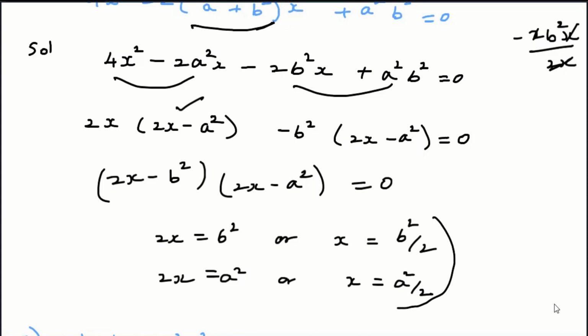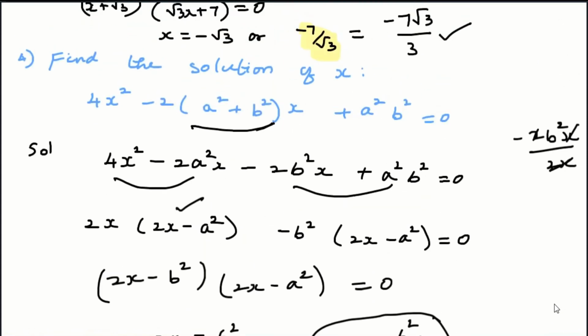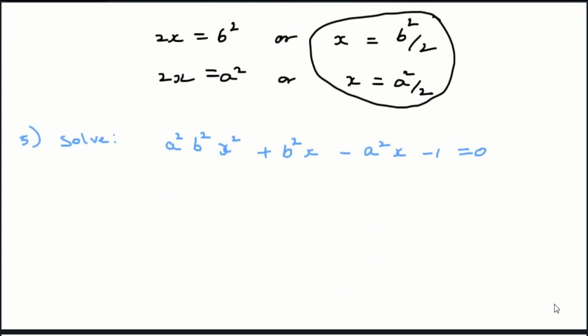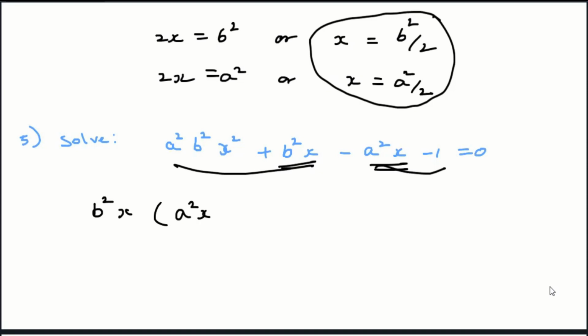These are the solutions. So if the question in the middle term includes bracket, just open up the bracket, you will get the answer. Question number 5. Again he has opened the bracket and given it, he didn't even put the bracket. Bracket is opened already. So simply just gather the terms, two terms, and write the answer. So b square x, so it is a square x plus 1.